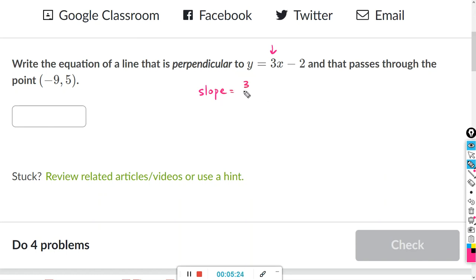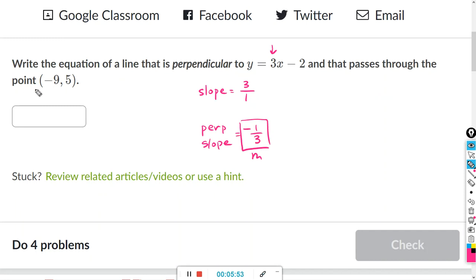And really, 3 is the same as 3 over 1. Okay? So for the perpendicular slope, we want to flip it. So that's 1/3. And then change the plus minus sign, -1/3. Okay? So that's going to be our new slope, m.